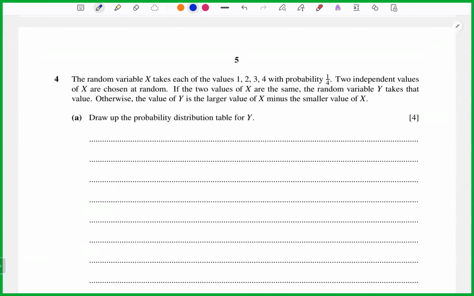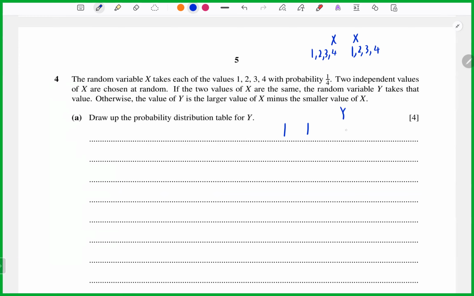Okay, this is your x, right? You got two values here, 1, 2, 3, 4 and 1, 2, 3, 4. If you get the same numbers, the random variable will take the value. Let's say you get the value 1 and another x also 1, right?